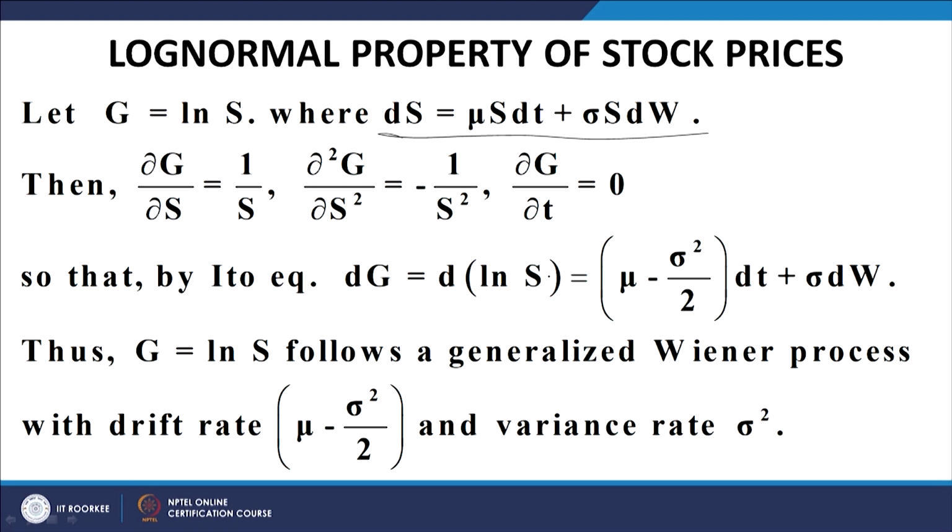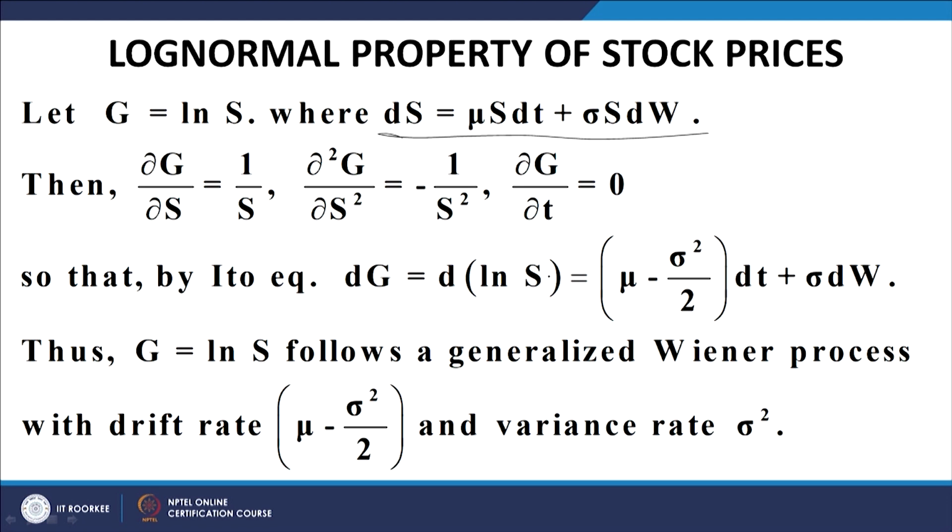So, that gives you capital T, and similarly if you integrate this, you get sigma w t. Now, that gives you what? That gives you that log of st minus log of s0 is normally distributed with a mean of mu minus sigma square upon 2 into t and with a variance of sigma square t.